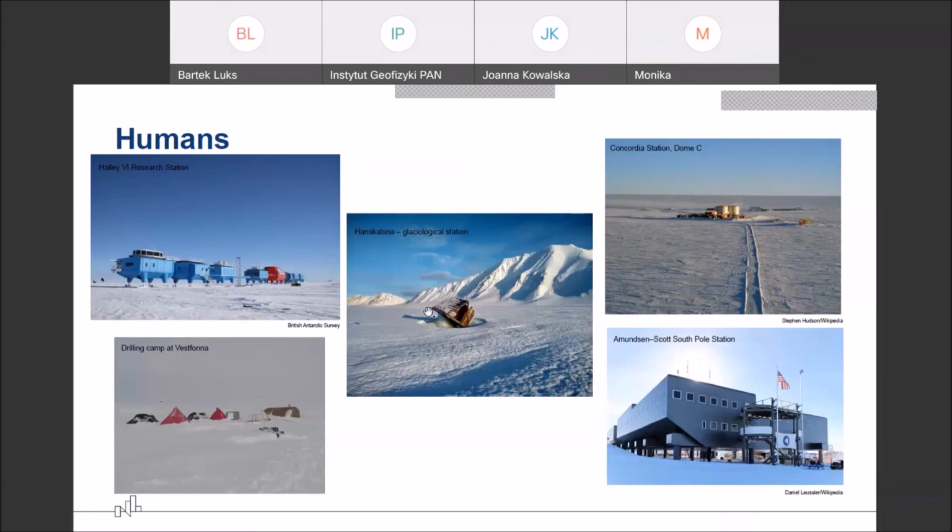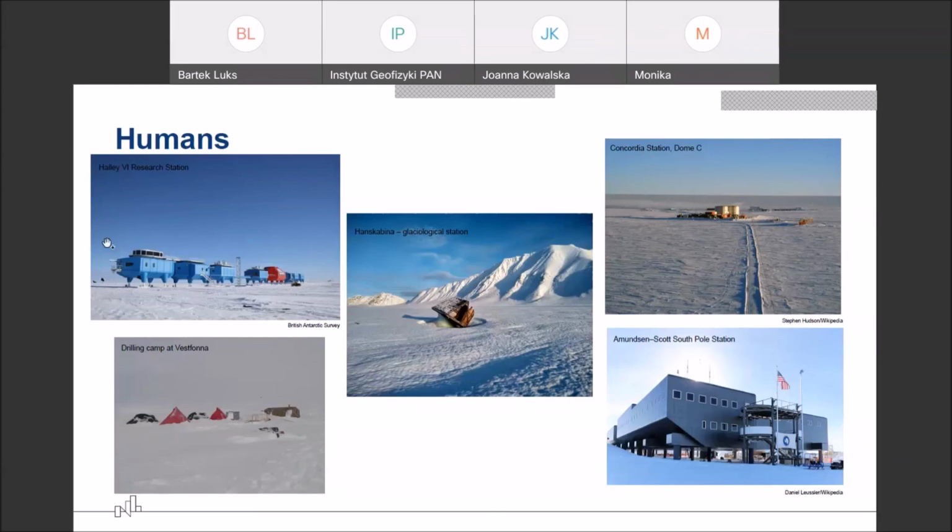This was a glaciologist laboratory in the 60s and 70s. But this could also be all-year-round manned stations like Amundsen-Scott South Pole Station, which is at the South Pole and people live there all year round. This could be Concordia Station in Antarctica, which is also all year round, or Halley VI Research Station, which was all year round and now due to safety, it's used only during the summertime.